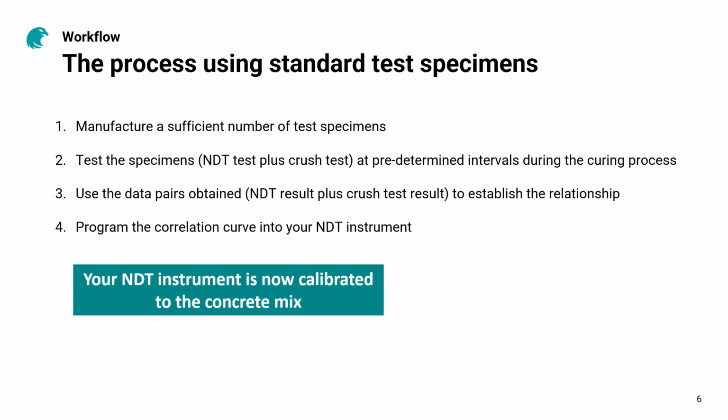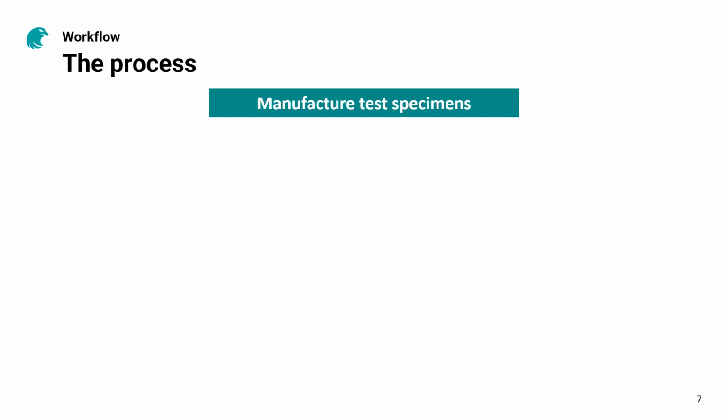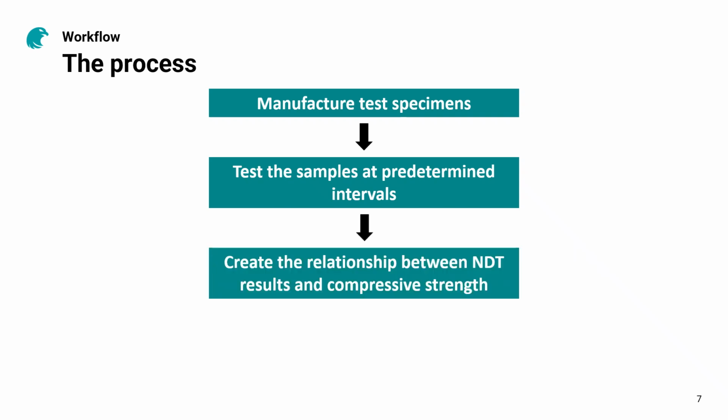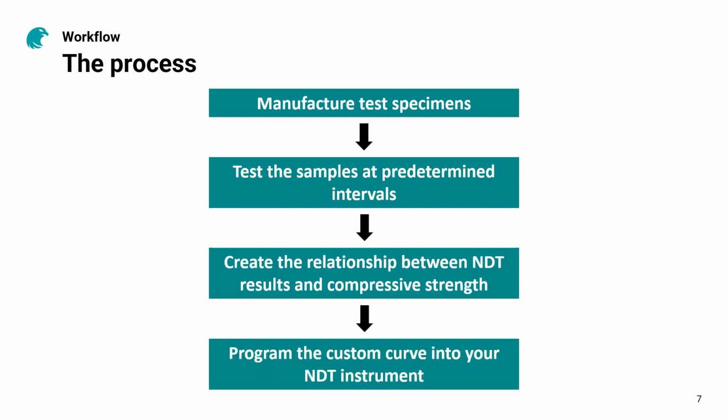The NDT instrument is now calibrated to the concrete mix. So to recap, here are the 4 steps again. Manufacture the test specimens, test the samples at predetermined intervals, create the relationship between NDT results and compressive strength, program the custom curve into your NDT instrument.